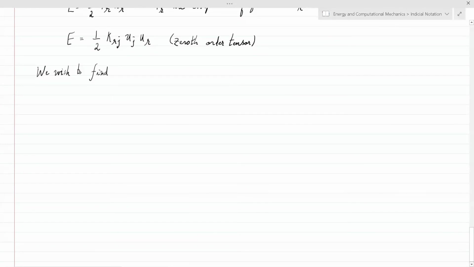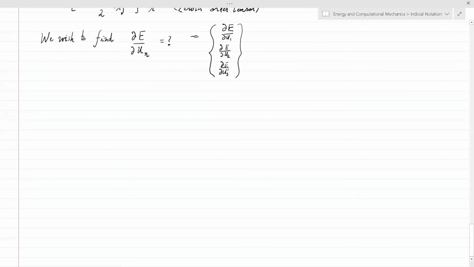Now we want to find, in this example, what is the derivative of U with respect to u_n. I'm just interested in finding that derivative. So what is that? Well, n is a free index, so that now becomes a component of a vector: the derivative of U with respect to u1, the derivative of U with respect to u2, the derivative of U with respect to u3. So those are the three components now.